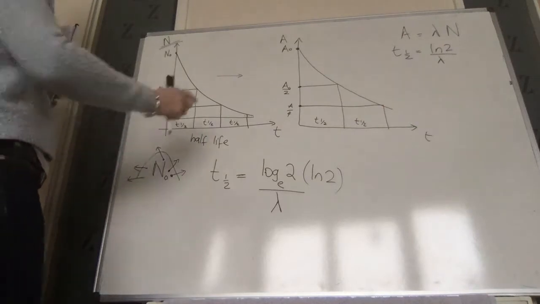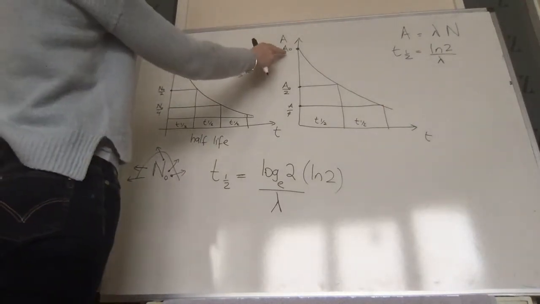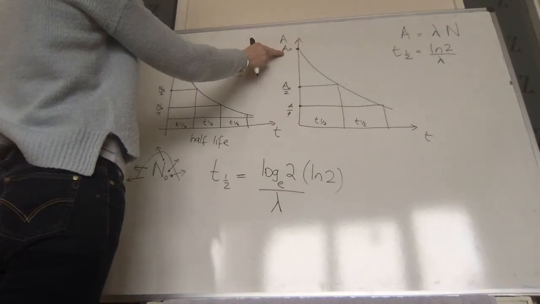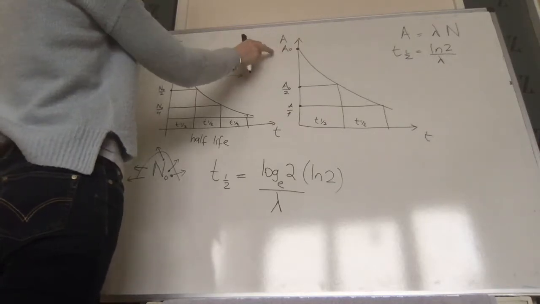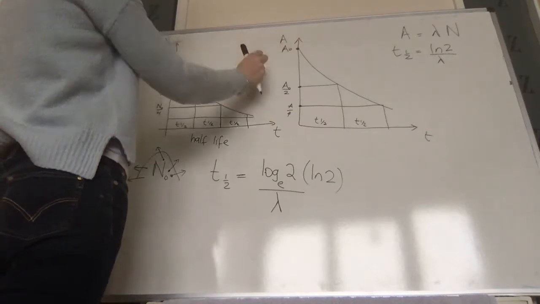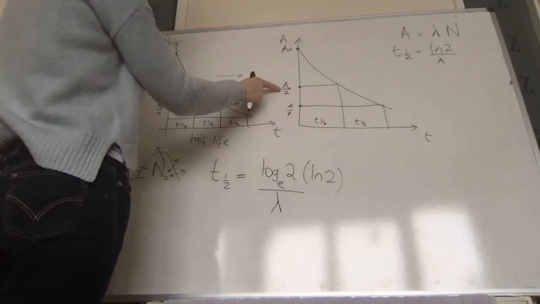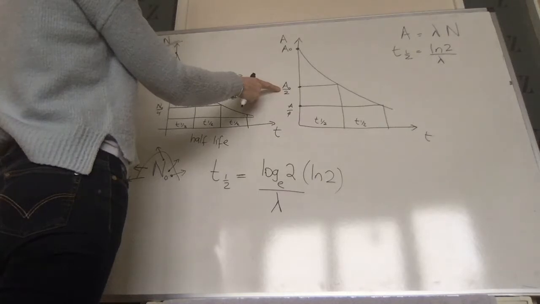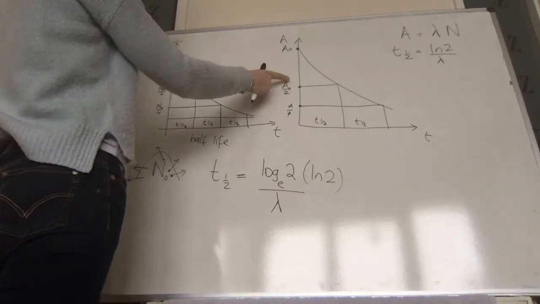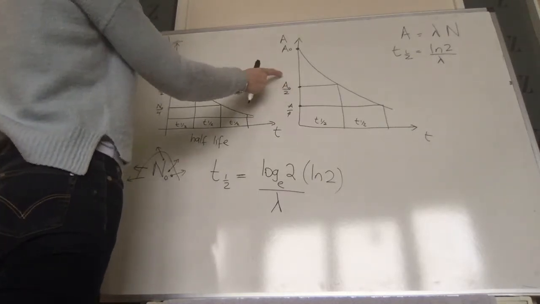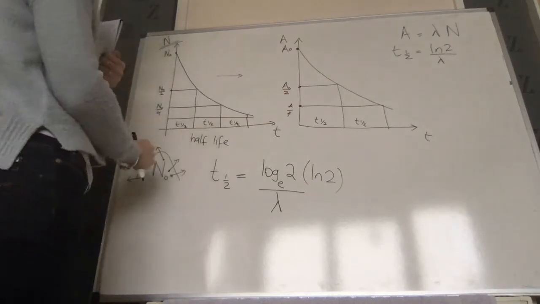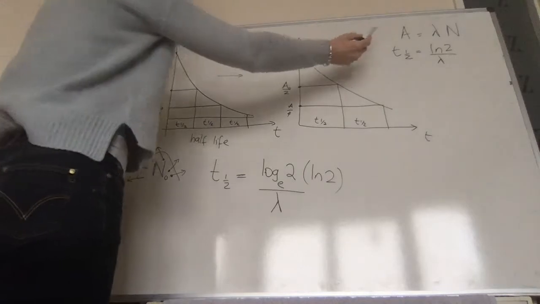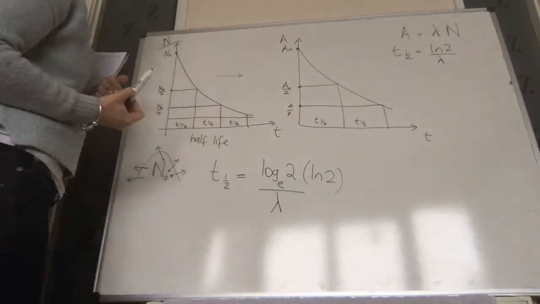So just to think about what you're saying there, the number of atoms decaying per second is a certain value at the start, and after the half-life, the number of atoms decaying per second is now half. So our rate of decay is changing all the time, and that is because A depends on N directly.